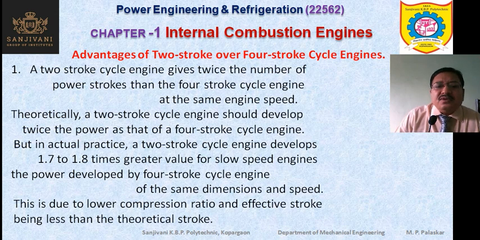This is due to the lower compression ratio in the 2-stroke engine. In a 2-stroke engine the compression ratio is less, in a 4-stroke engine the compression ratio is higher, and the effective stroke is also smaller in the 2-stroke engine as compared to the 4-stroke engine.